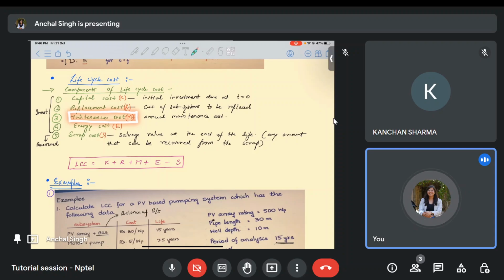Then there is energy cost. In order to keep this plant running, you will have to invest some energy. That is called energy cost. And then there is one parameter that comes back to us, that is called the scrap cost. So now after 20 years, all my panels have lost their life, they cannot work in an efficient manner anymore.